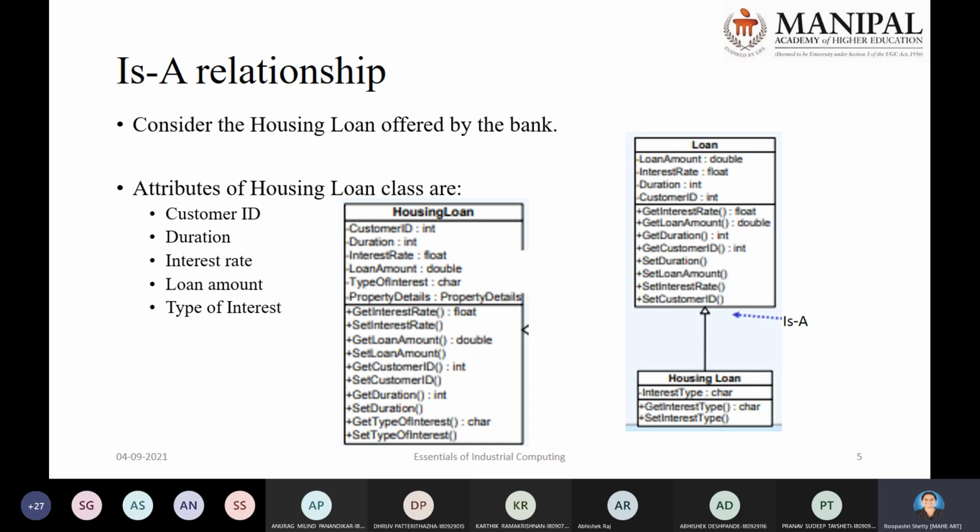That is why housing loan is a loan with an additional attribute of interest type and the get and set functions of interest type. It is inheritance. That is, housing loan is using the variables and functions of the loan class, plus it will have an additional attribute or additional variable and function. Only then can I use an is-a relationship.